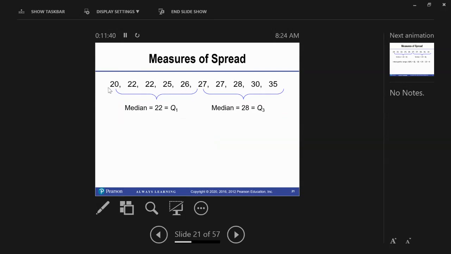When I look at the lower half here from 20 to 26, the median there is 22. We call that Q1. And when I look at the upper half of the data, the median there is 28. We call that Q3.